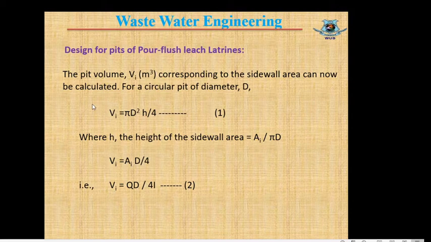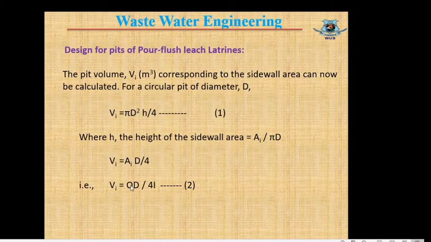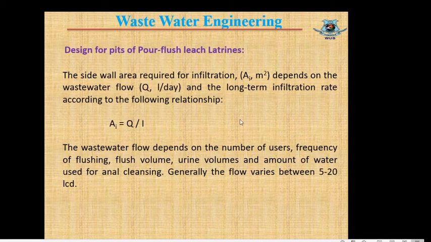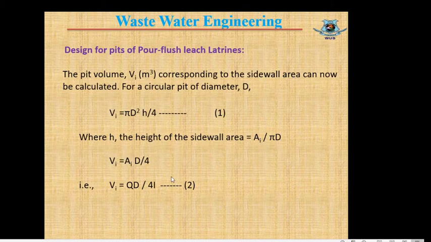The second step is to calculate the pit volume required for that infiltration area. We can calculate pit volume using this equation or this equation. Normally we will use equation number 2. Here Q equals the total infiltration rate that we obtain from here, and D equals the diameter of the pit.